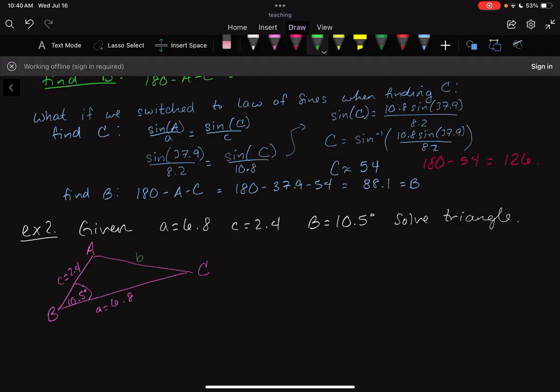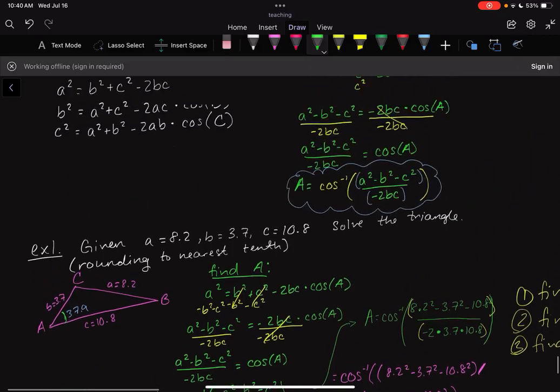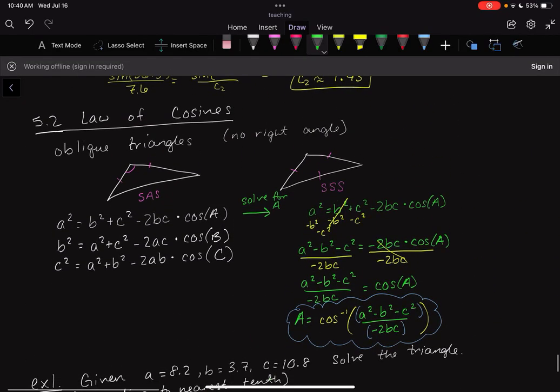When you have side angle side, and you try to use law of cosines, if we look at our formulas, so I'm going to come back up to the top for a second. We have A, capital B, and C. So if I come back up here, the only one that has A, C, and capital B in it, on the one side, is this one.